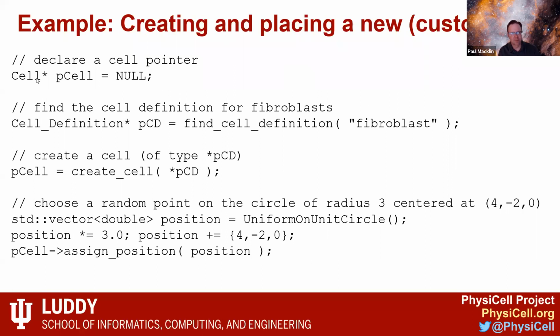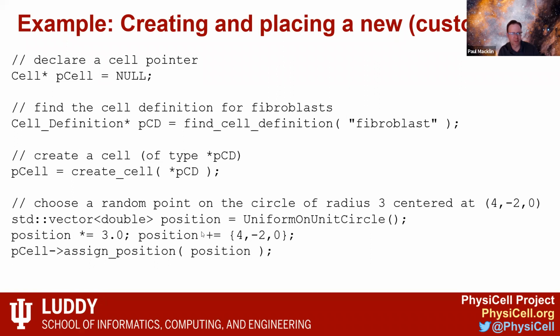Or if I want to create a custom cell type, let's say I want to do a fibroblast. Well, pointer initialized to null. Find the cell definition for fibroblast. I'm going to create a cell, stored in PCell. And this requires you to pass the cell definition not as a pointer, but as itself, so star PCD. And then once I've done it, let's put this somewhere on a circle of radius 3, centered at 4, -2.